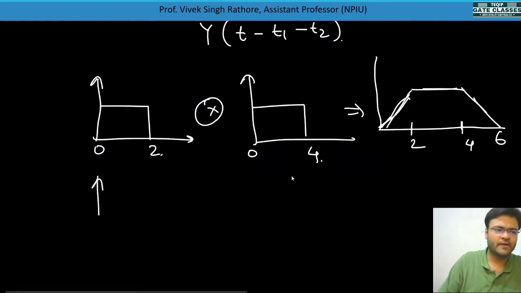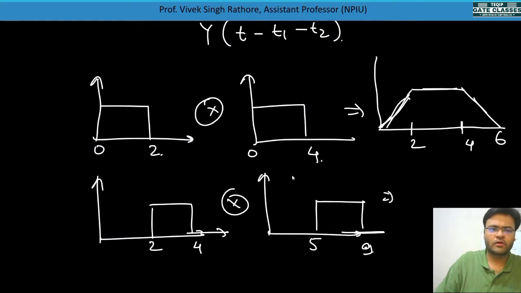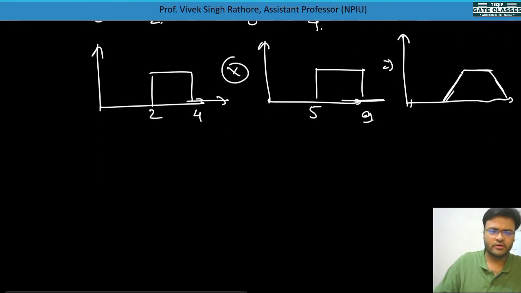Now if we have shifted the signals, let's suppose the first is 2 to 4, convolved with, let's suppose, 5 to 9, what output will you get? It will start from 7. I think I'll plot it here.